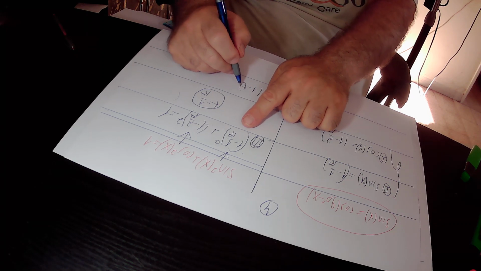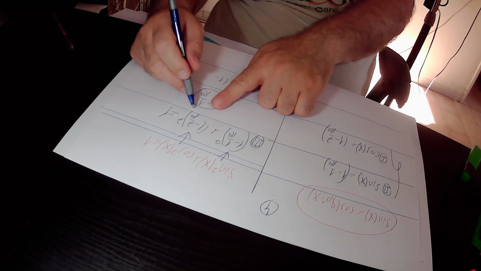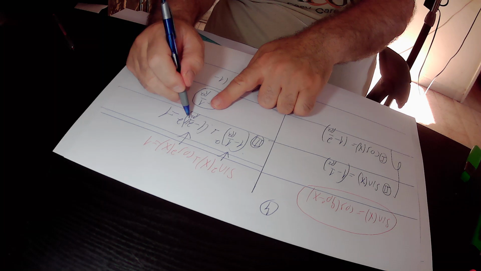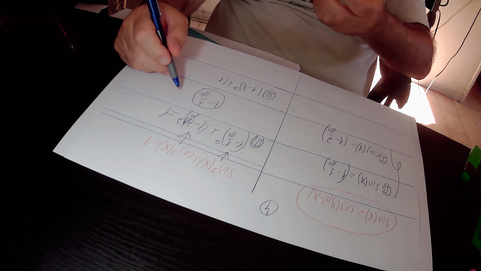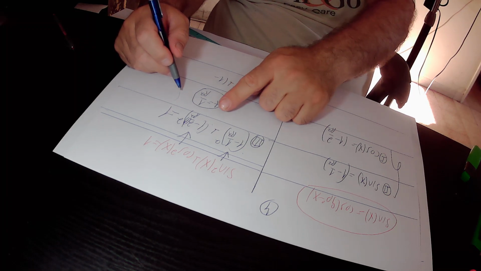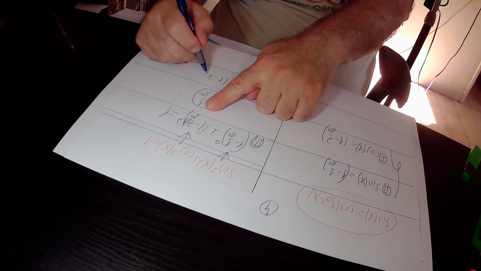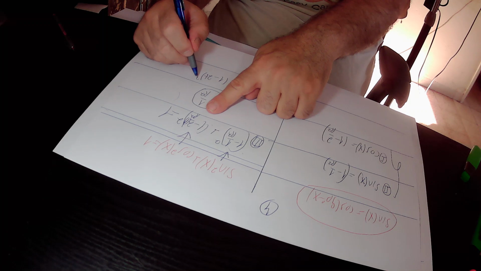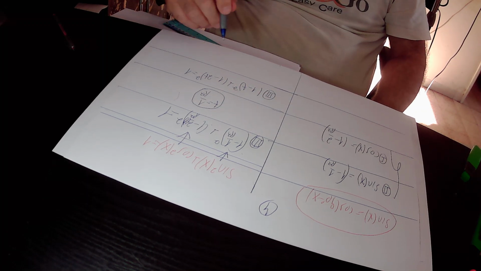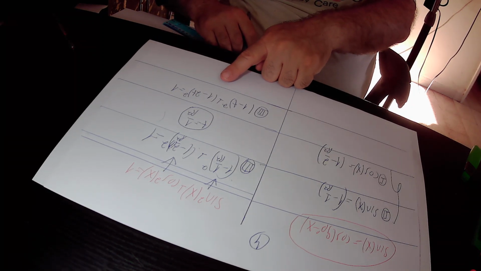So in total, this expression will be equal to 1 minus t, squared, and we have also plus 1 minus 2 over r squared. Here we'll multiply this expression by 1. Actually, it is allowable to multiply any expression by 1, because by multiplying the expression by 1, we will not change the value of the expression. So here we have 1 minus 2 times 1 over r squared. 1 over r squared is t. So in total, this expression will be equal to 1 minus 2t, squared, equals to 1. So we actually found out that according to equation 3, 1 minus t squared plus 1 minus 2t squared equals to 1.